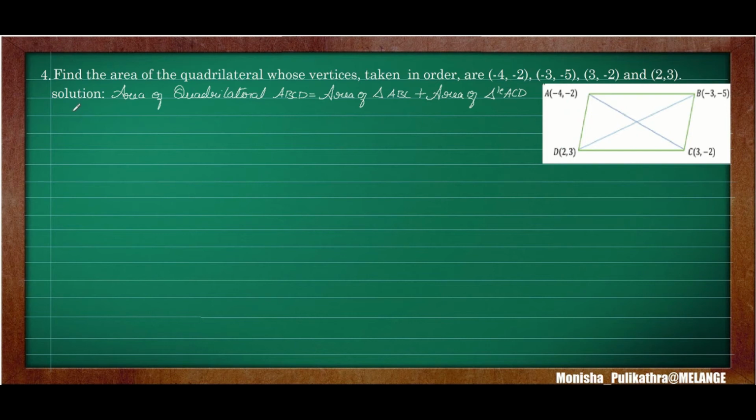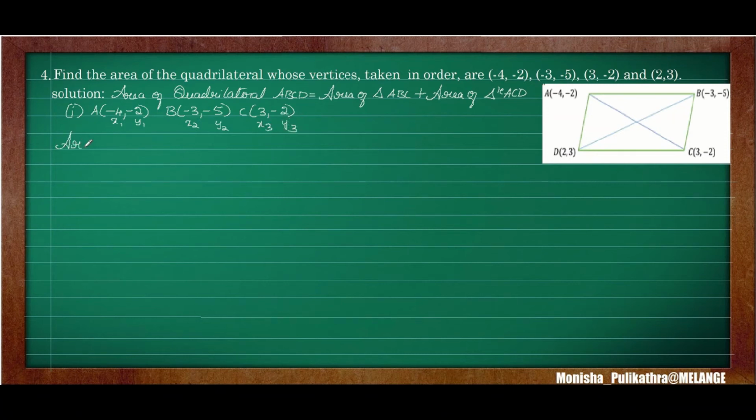Now first we need to find out the area of triangle ABC. So we need to write the vertices of triangle ABC: A is (-4, -2), B is (-3, -5), and C is (3, -2). So this will be x1 y1, x2 y2 and x3 y3.